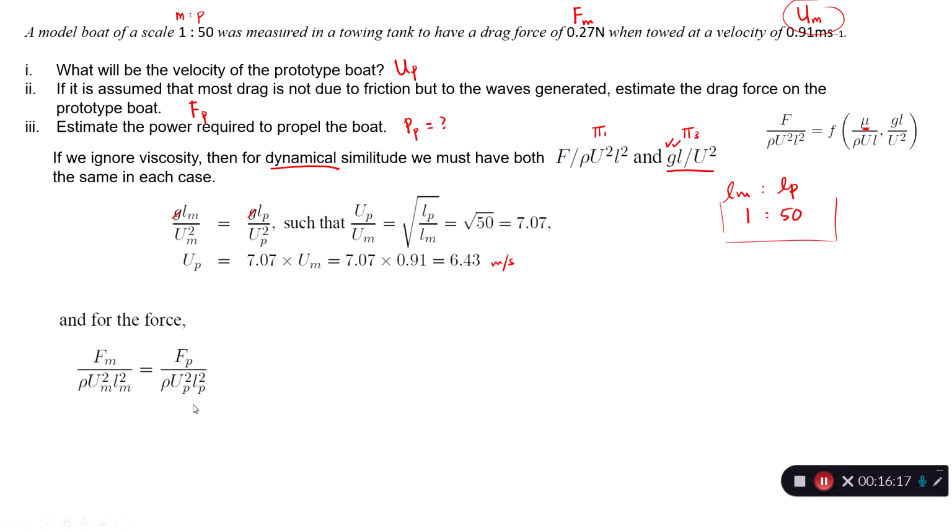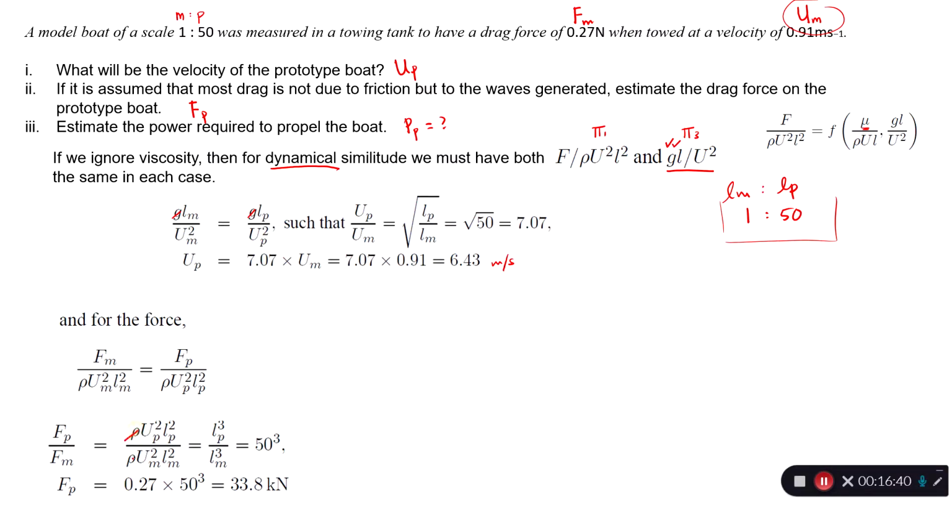So we put it in this kind of equation: force for the model equals force for the prototype. Rearrange accordingly, since you want the force. Rearrange everything else and you'll find that you can simplify this. If you want, by all means put in the values.